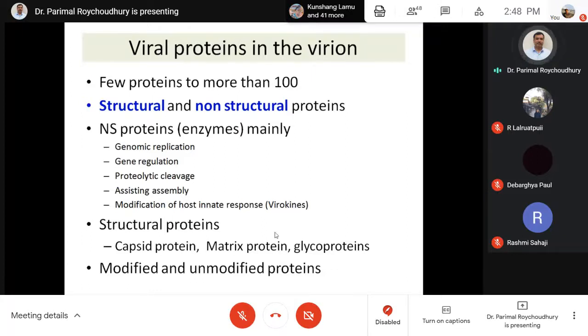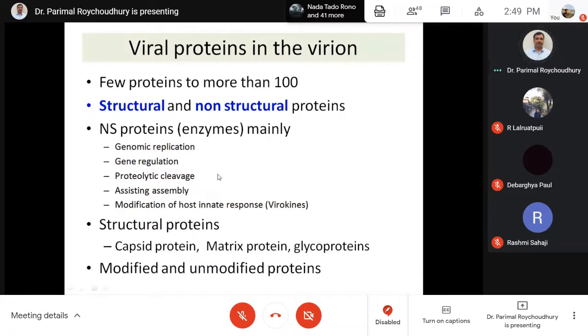Even in certain large DNA viruses, we have a group of non-structural proteins called virokines, which are again a type of protein that helps to establish virus infections. They act against the host innate immunity. We'll discuss this point later on. But what you should remember is that the non-structural proteins are mostly enzymes. They are needed for genomic replication, gene regulation, proteolytic cleavage, assisting assembly, etc.